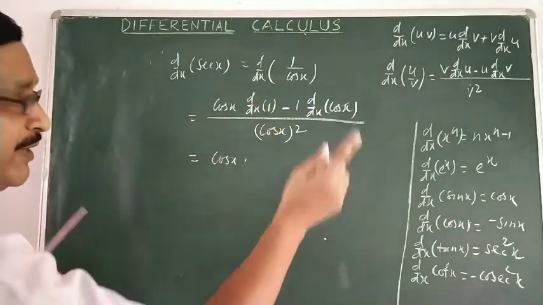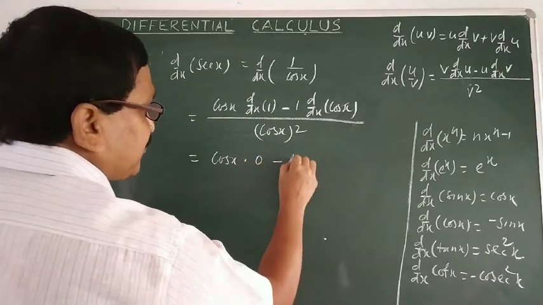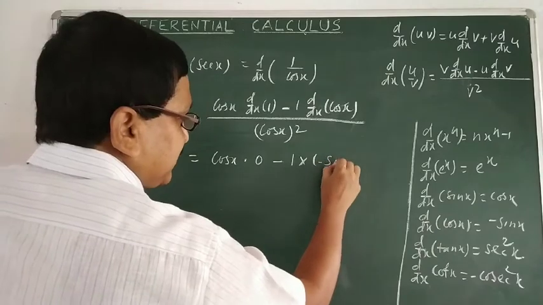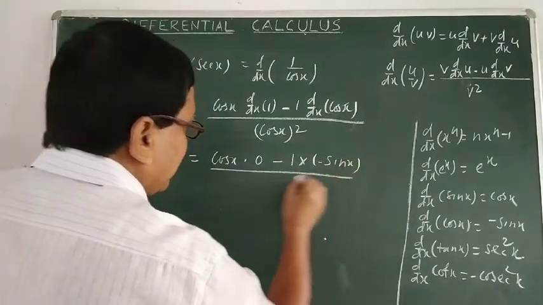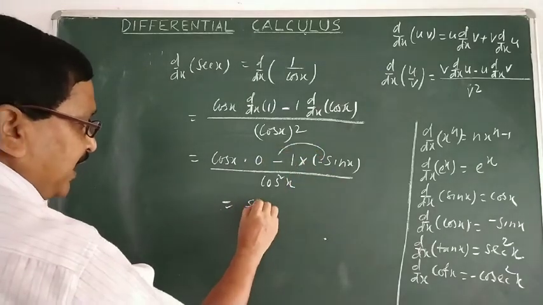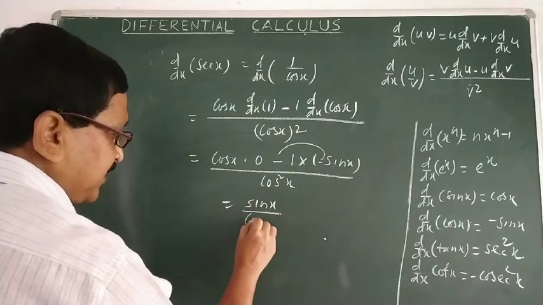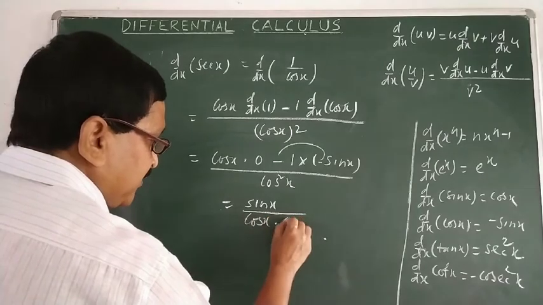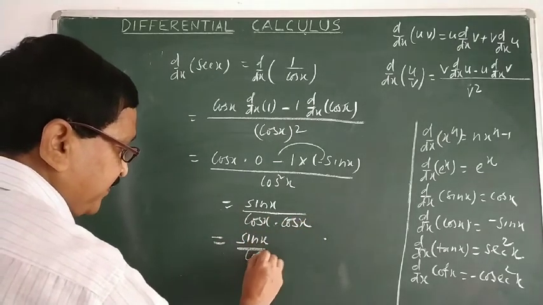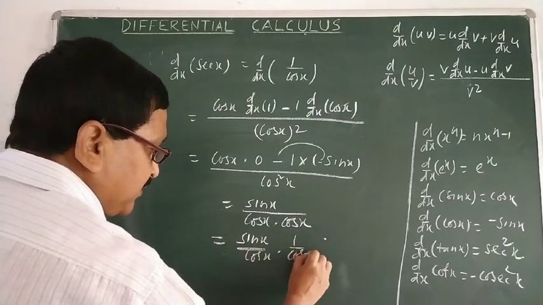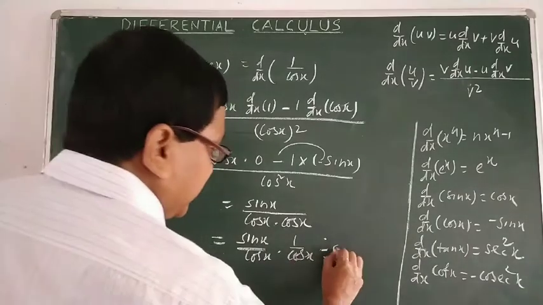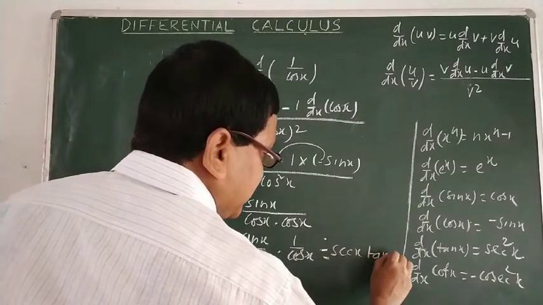I have already told many times that this is 0 minus 1 into cos x is cos x. Cos x is minus sin x by cos square x. So this is minus minus plus. So sin x by cos x into cos x. So this is sin x by cos x into 1 by cos x. So sin x by cos x is tan x and this is sec x. So sec x into tan x.